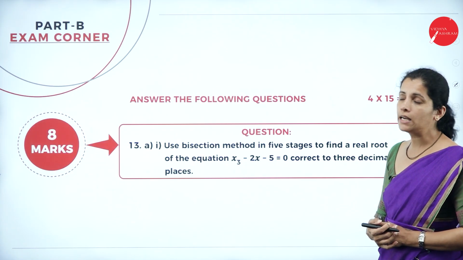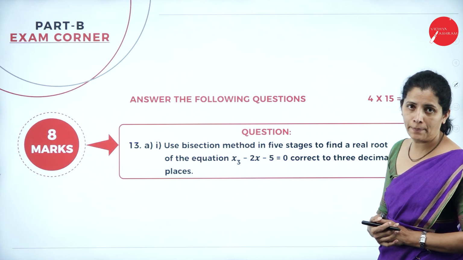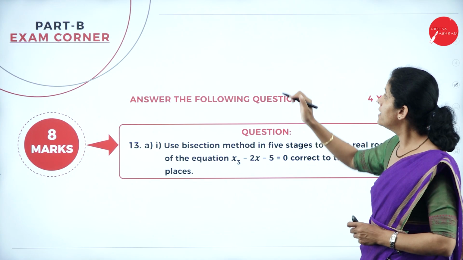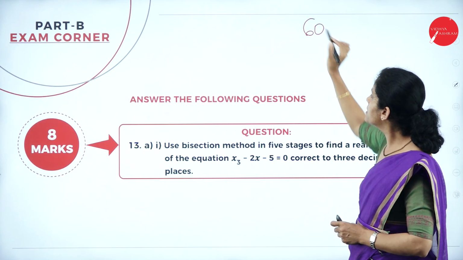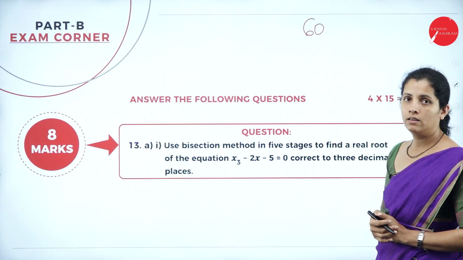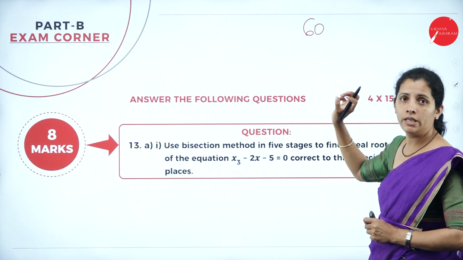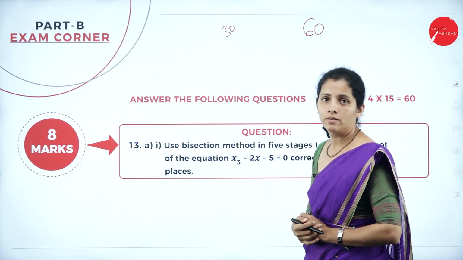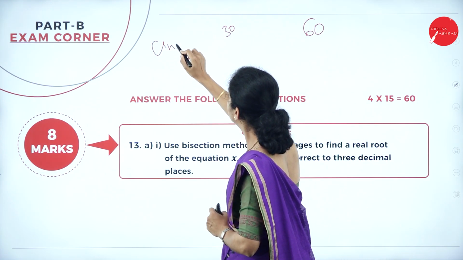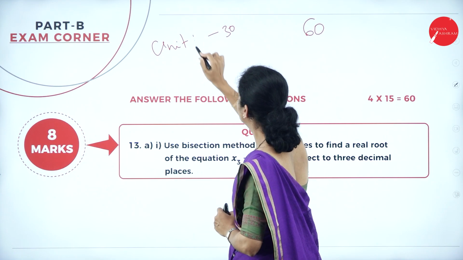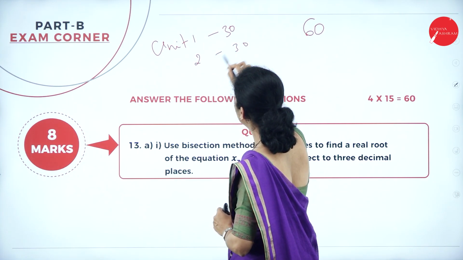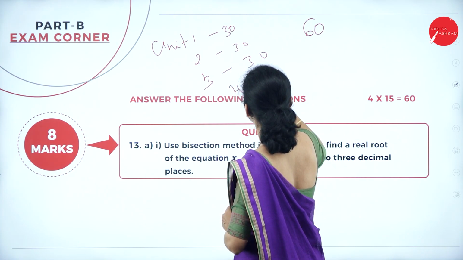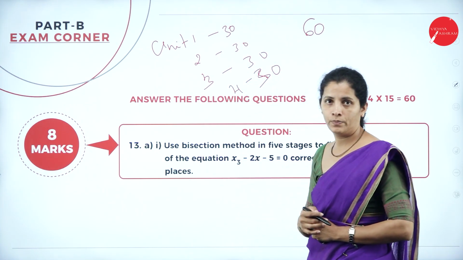Now, dear student, I am going to have part B. In this part B, I am having 60 marks. From each unit, I have 30 marks. So unit 1, 30, unit 2, 30, unit 3, 30, and unit 4, once again it is 30.